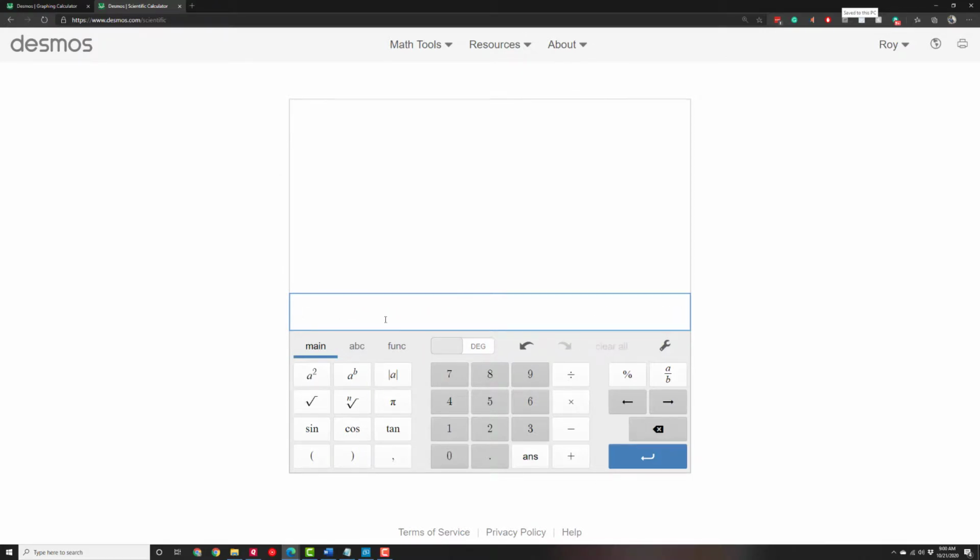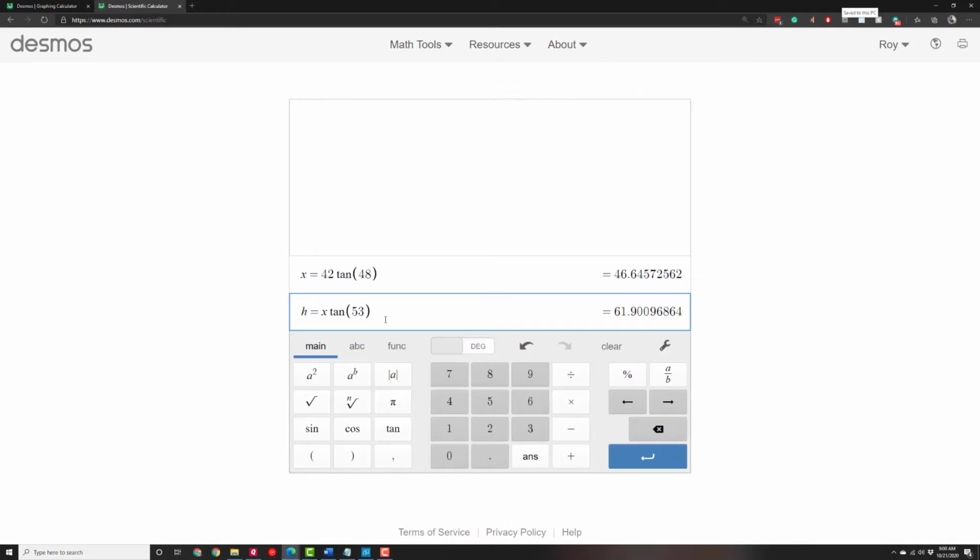We knew that x was equal to 42 tangent of 48, and again we're in degree mode here, so x in this case is, let's just round it to a single decimal place, 46.6. Then h was equal to that x value times the tangent of 53.